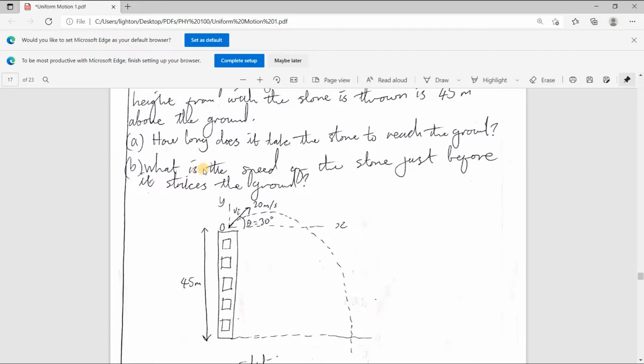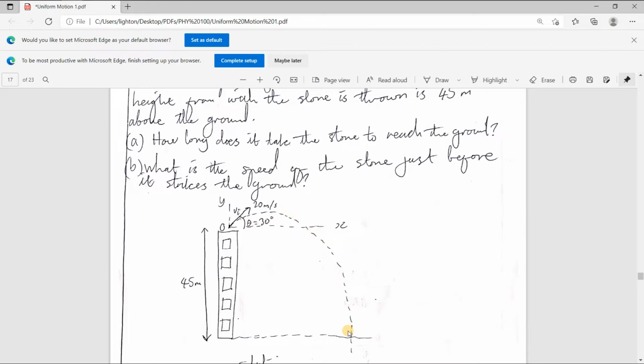So what is the speed of the stone just before it strikes the ground? That's part B. Part A is how long does it take the stone to reach the ground? This stone has been projected from the top of a building, then it has to go all the way down.